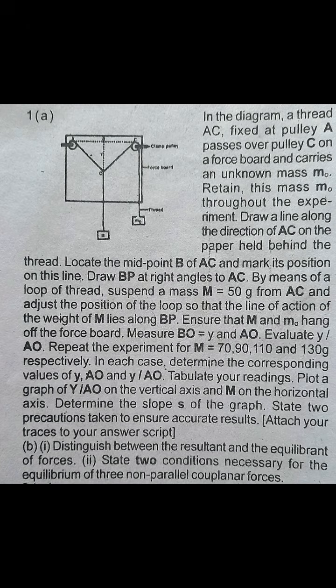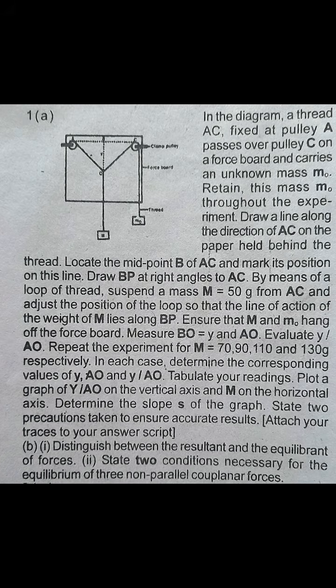If we call that Y, also measure AO, and then evaluate Y over AO, and repeat the experiment for different masses. Different masses could be 70, 90, 110, 130, or in one case 20, 40, 60, 80, 100 respectively. But in each case, determine the corresponding values of Y, AO, and Y over AO.